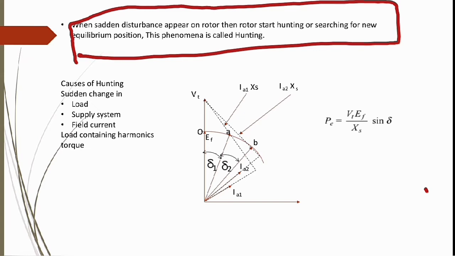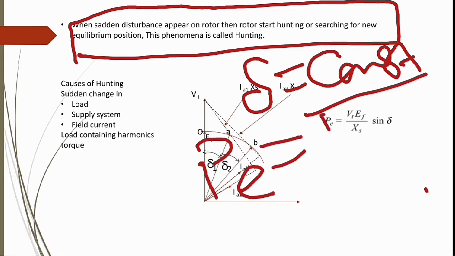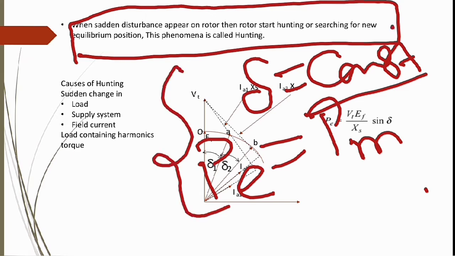That means at that point the delta, or load angle, should be constant, and the second condition is PE, the electromagnetic power, equal to PM, the mechanical or shaft power, if we neglect all the losses. So these two conditions should be satisfied during hunting.